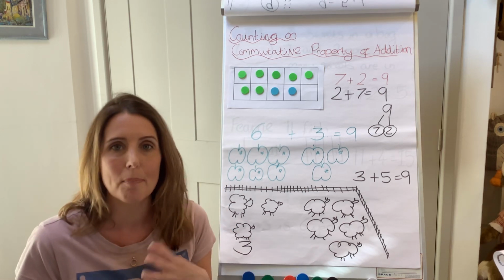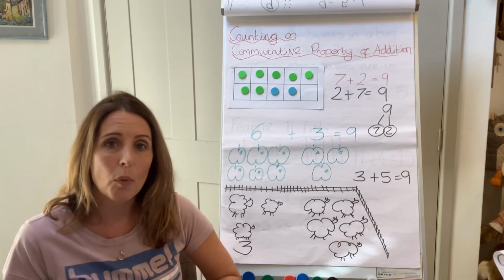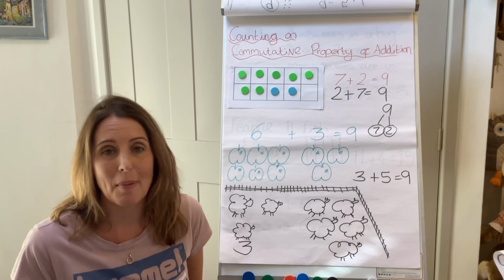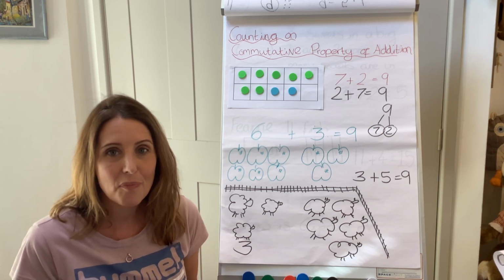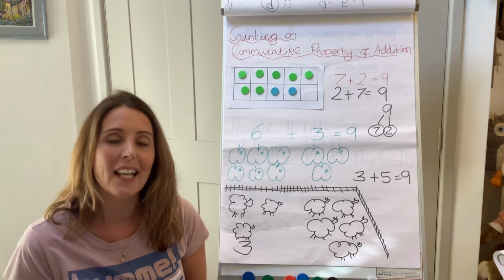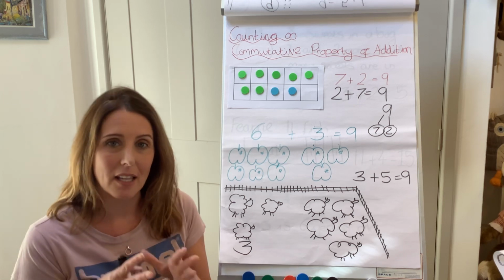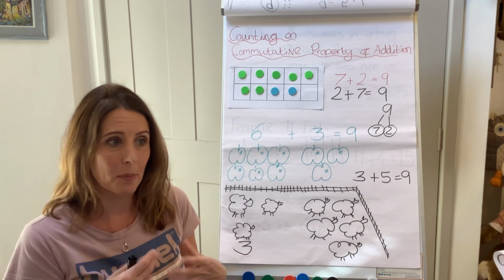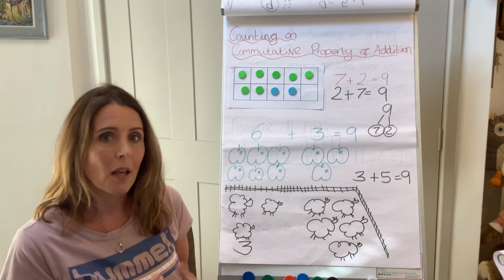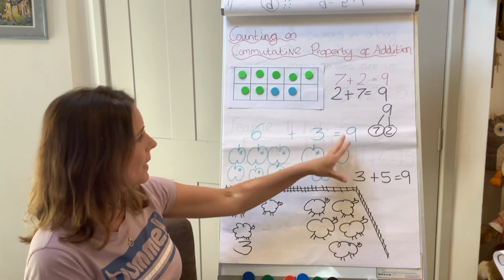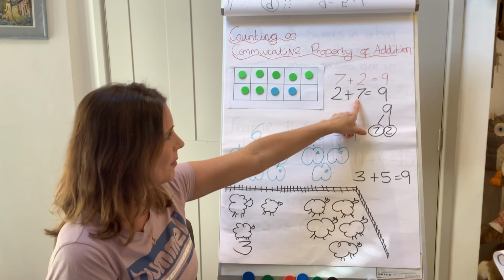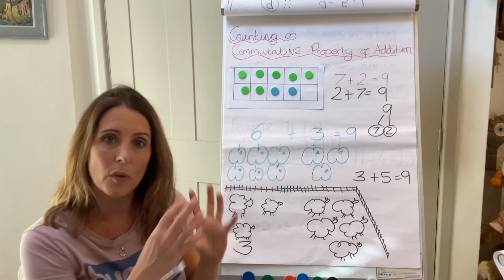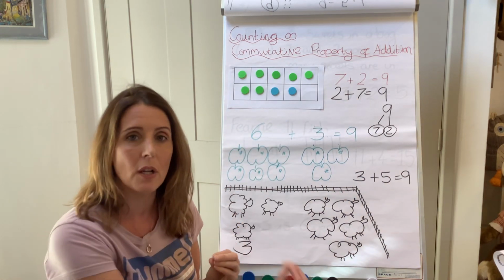Why is that? Why is it better to start with the bigger number? Well, what do you think? Have a think about that one. Okay, so I hope you've had a think about it. And the reason it's easier to start with a bigger number is because it is easier, it's more efficient, because you've already got that bigger number in your head. So here, if we've got 7 in our heads, or we've got 7 counters and we're only counting on 2 more.